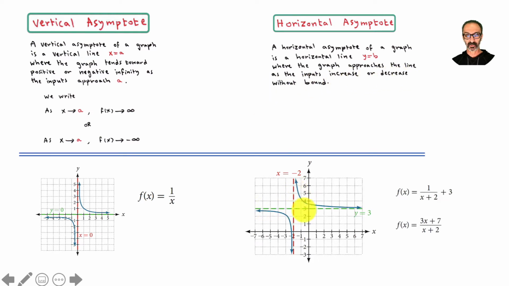As x approaches infinity, as x approaches negative infinity, the graph approaches the line, gets closer to the line. We write as x goes to infinity, or as x goes to negative infinity, going all the way right, going all the way left, your outputs are getting close to, in this case, 3.